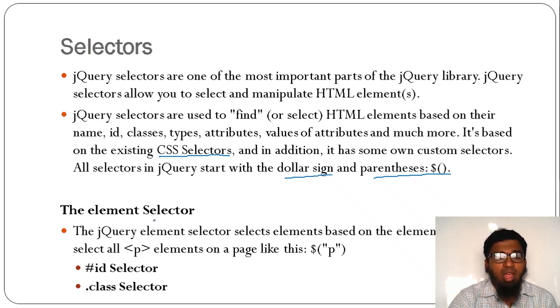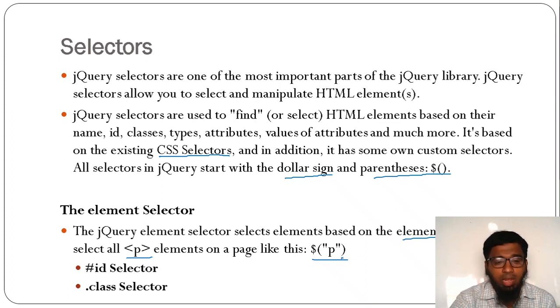Now the element selector. The jQuery element selector selects elements based on the element name. You can select all P elements on the page like this. If you want to select all the P's in the page, you can do that with the help of $P.